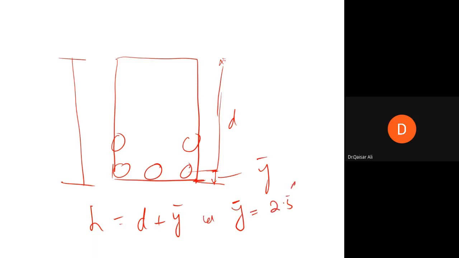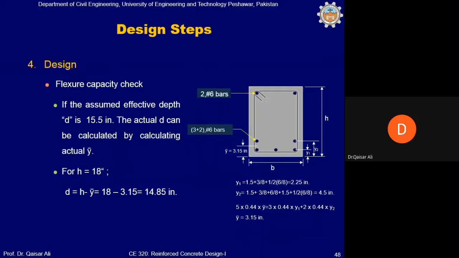Y bar can be assumed from 2.25 to 3 inch in the beginning. So for example, if you assume y bar 2.5 inch, then the effective depth needed in your calculation will be 15.5 inch for an 18 inch deep beam.